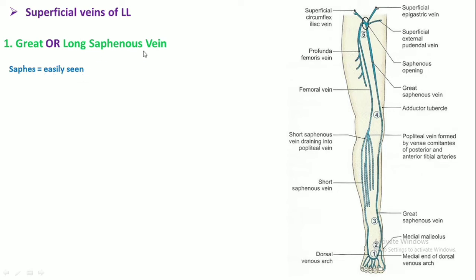The vein that is easily seen is called the saphenous vein. It is long, that's why it is called the great or long saphenous vein. Here you can see this is the great saphenous vein.